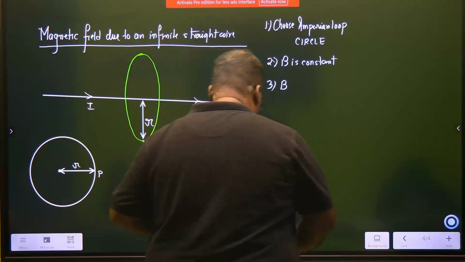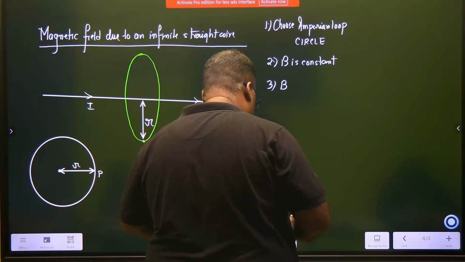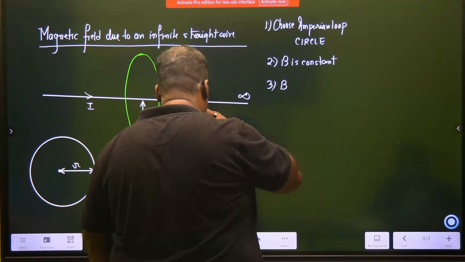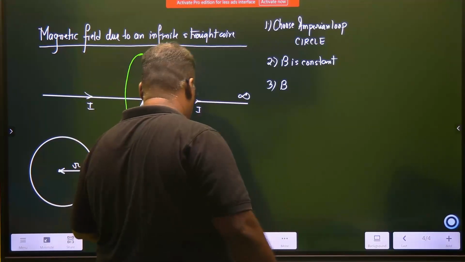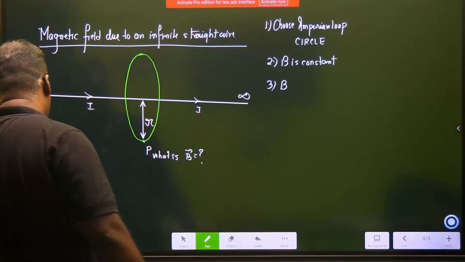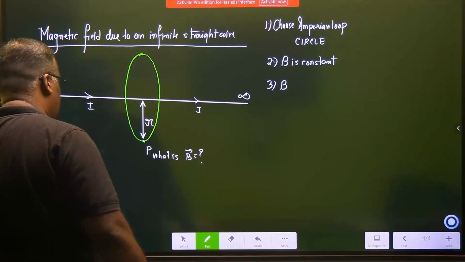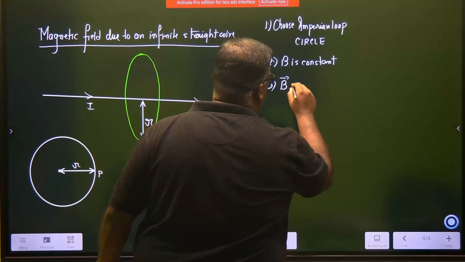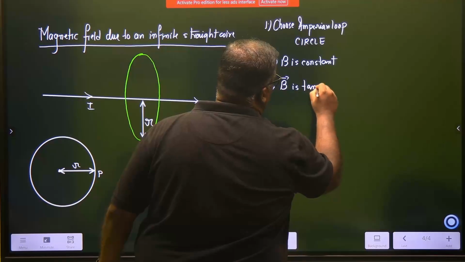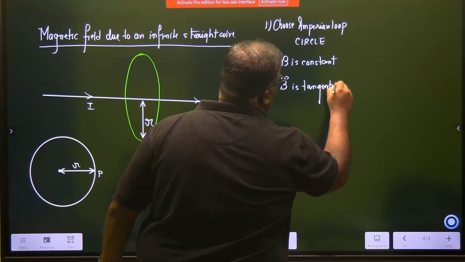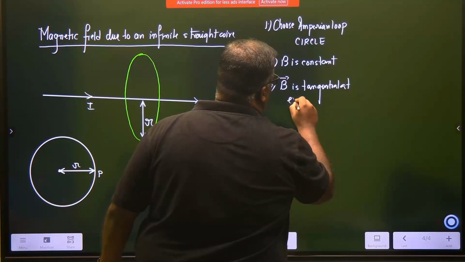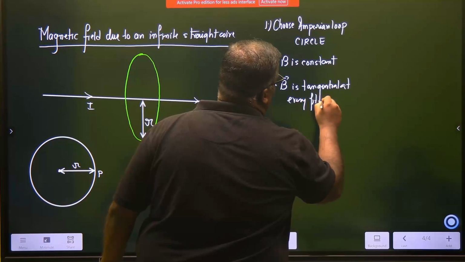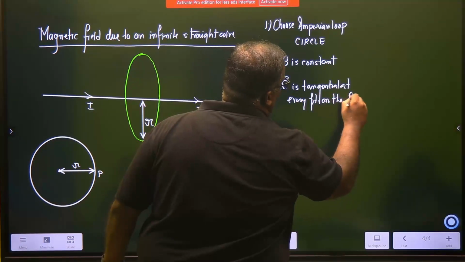Third, the magnetic field line is tangential everywhere on the Amperian loop, or magnetic field B, now I'm putting a vector, is tangential at every point on the Amperian loop.